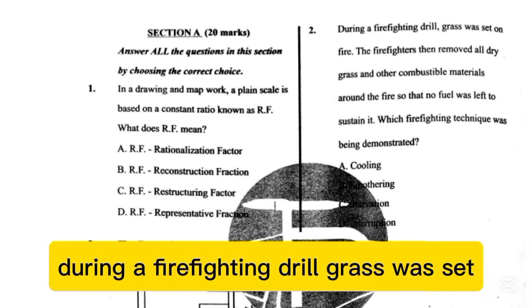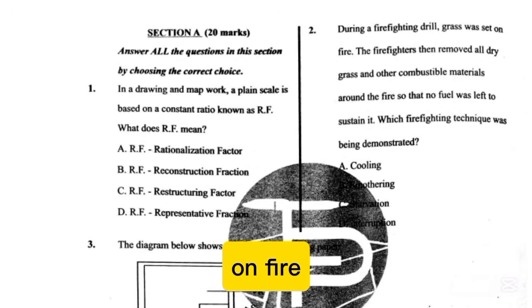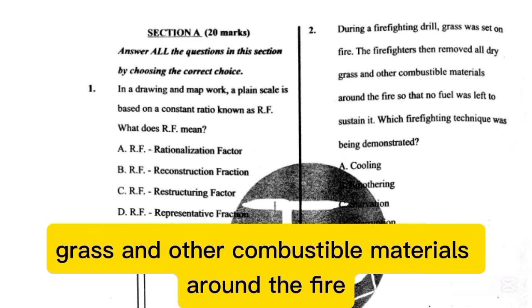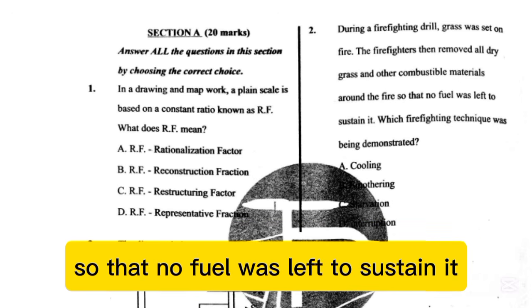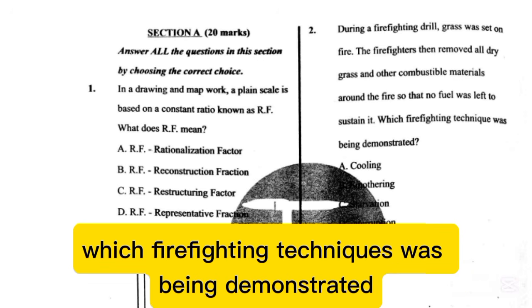Question number 2. During a firefighting drill, grass was set on fire. The firefighters then removed all dry grass and other combustible materials around the fire so that no fuel was left to sustain it. Which firefighting technique was being demonstrated?